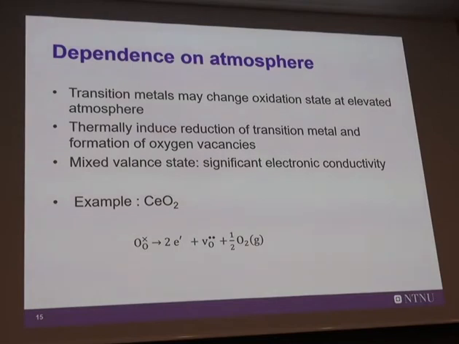Again, you see that the sum of the charge of the point defects is 0. The point here is that you will get electronic conduction in ceria if you go to a reducing atmosphere. It is well known that ceria becomes a mixed ionic and electronic conductor under reducing conditions. This is one of the main problems with ceria as an electrolyte in solid oxide fuel cells, because you get electronic conductivity on the reducing side.